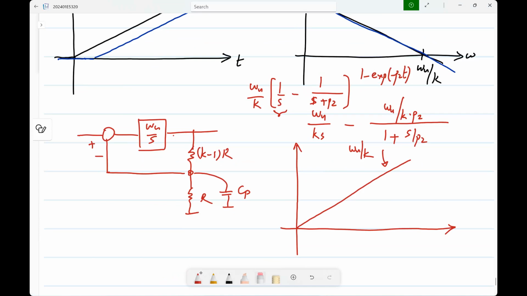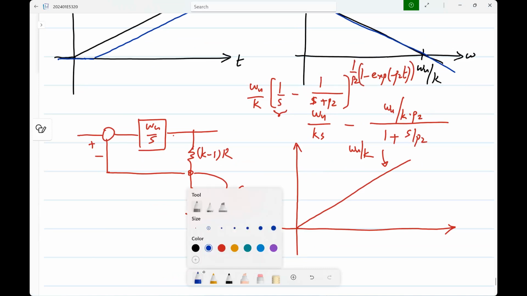P2. Actually, I think I made a, yeah. One by, right. So the slope of that will be 1.